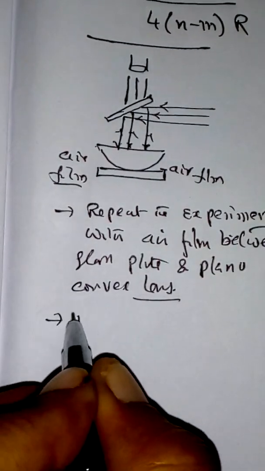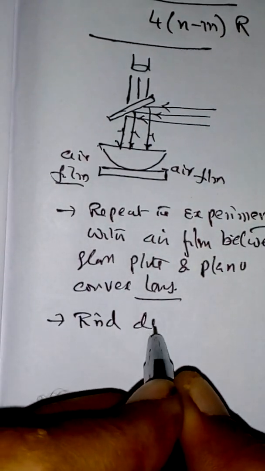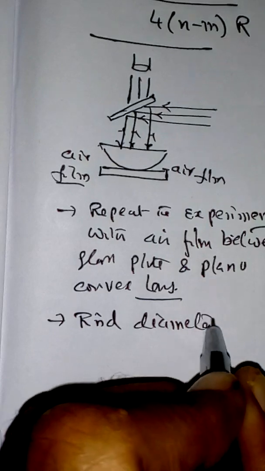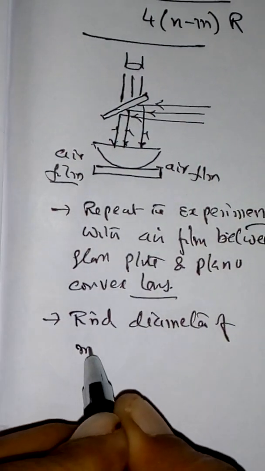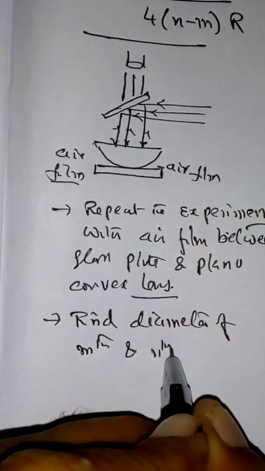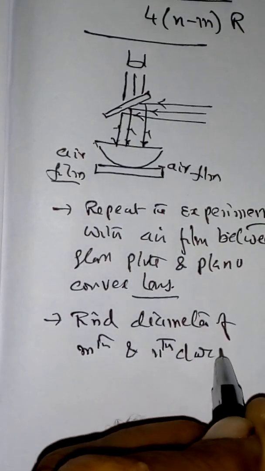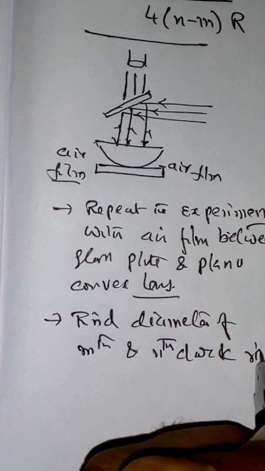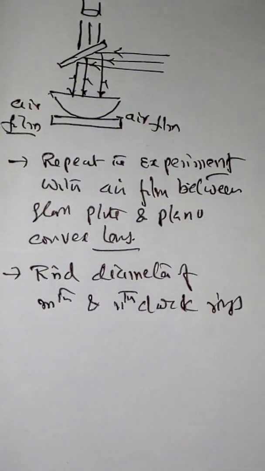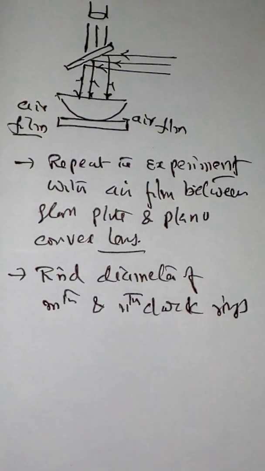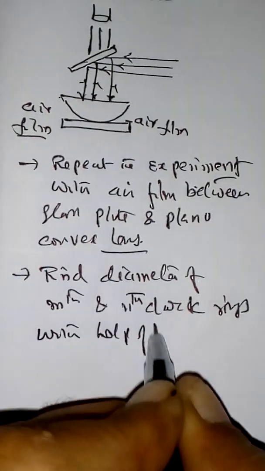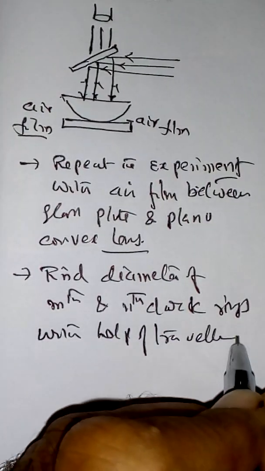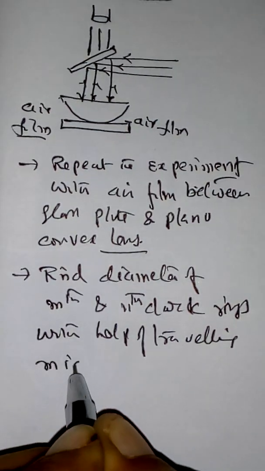Then find the diameters of the mth and nth dark rings with the help of a traveling microscope, which is mobile.